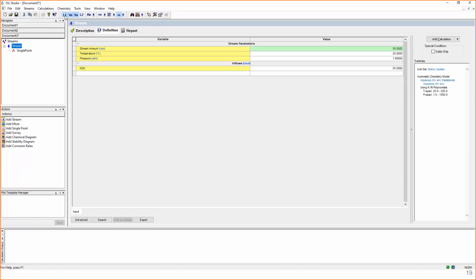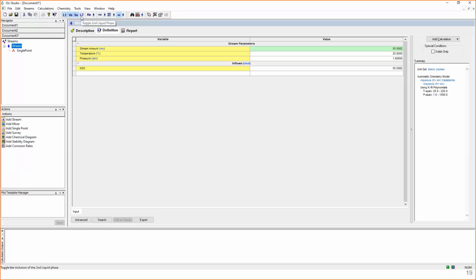Let's say, what is this L1? This L1 is a button saying that the aqueous phase has been selected, and is represented by this L1, liquid 1 or aqueous. VA stands for vapor. SO stands for solid.